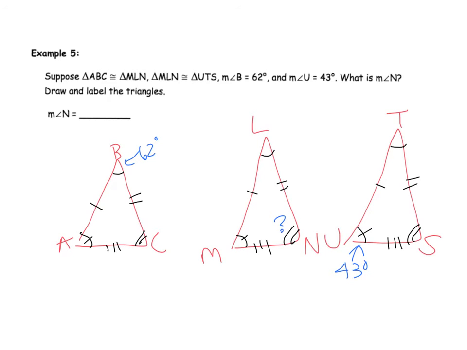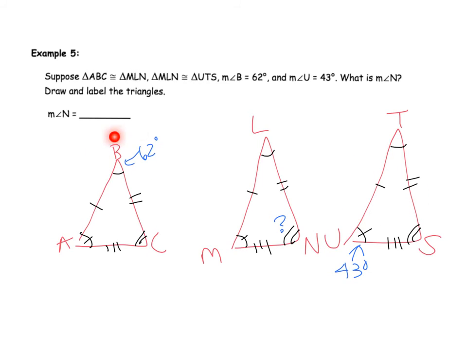All right, so suppose you have triangle ABC and it is congruent to triangle MLN. And then you have triangle MLN, which is congruent to triangle UTS. So notice what I went ahead and did is I drew all 3 triangles, and then I made sure that because they're congruent, I made all these markings to show that they are in fact congruent.